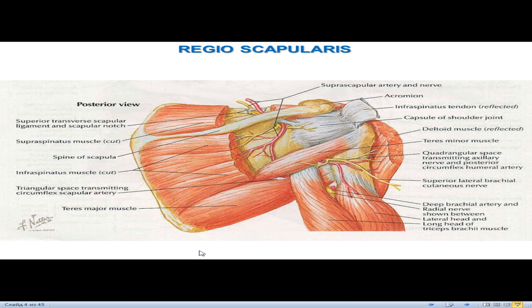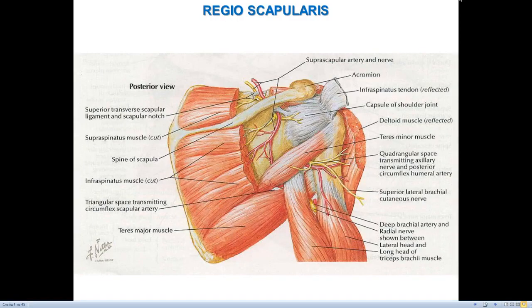The deep layer is presented by the proper muscles of the scapula: supraspinous muscle, musculus supraspinatus; infraspinous muscle, musculus infraspinatus; small rounded muscle, musculus teres minor; and musculus teres major.